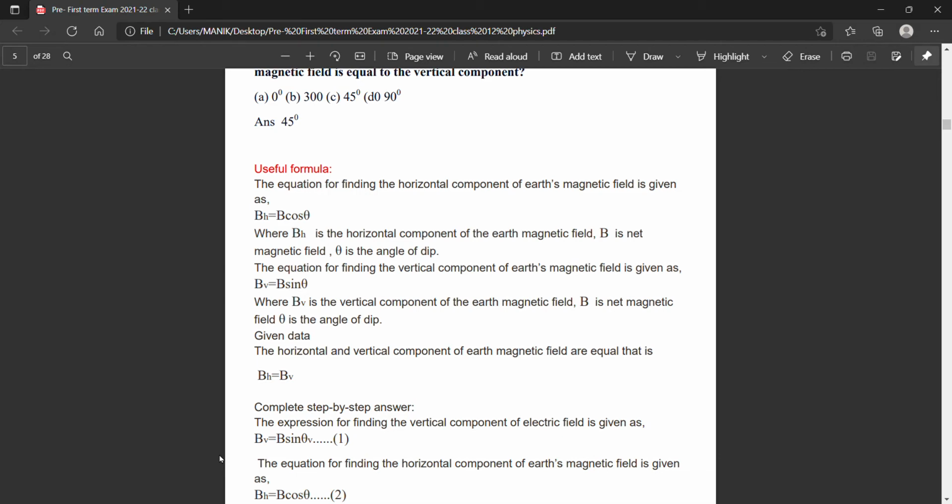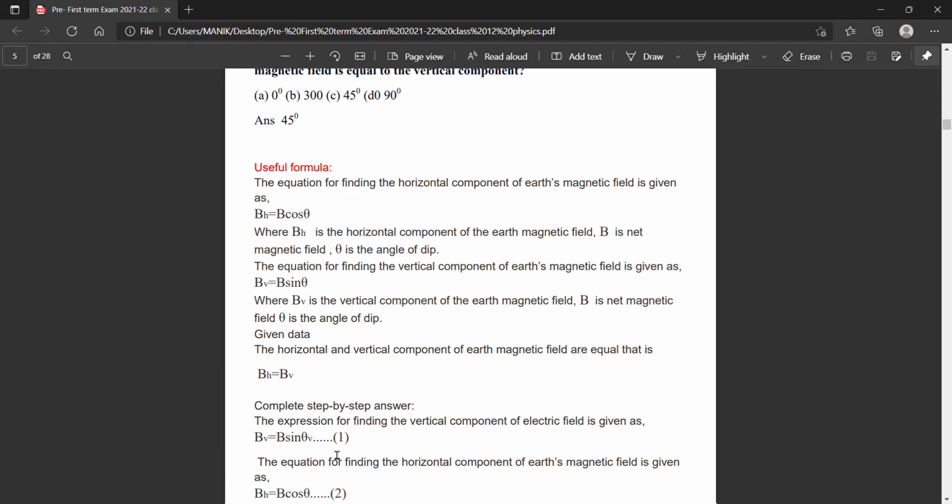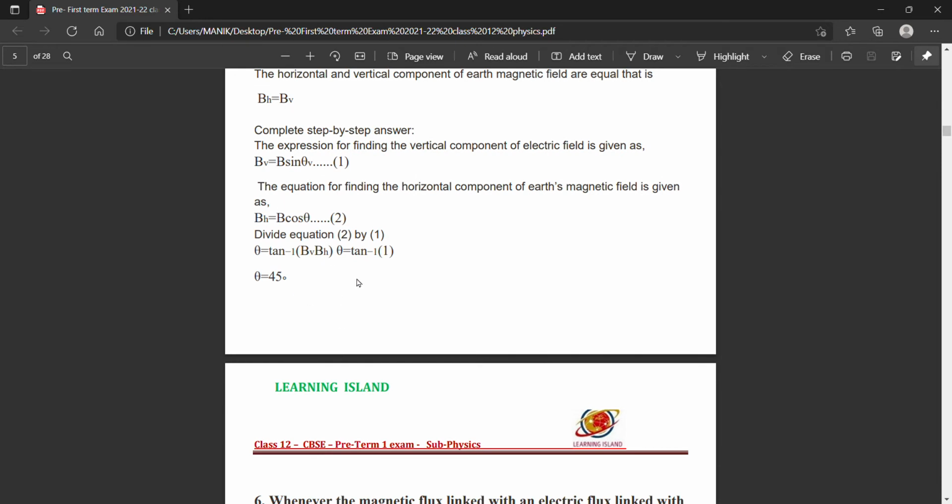So if we divide BV by BH, we will get tan theta equal to BV by BH. If we put the values, we will get the result as shown here. So the angle here is 45 degree.